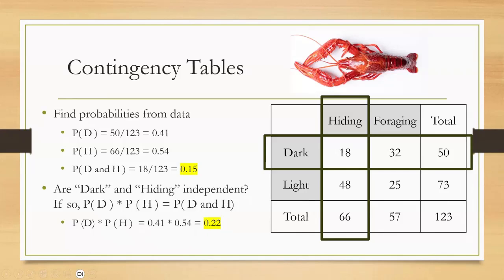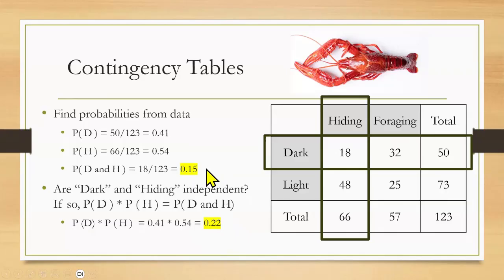I've highlighted these values. If they were independent, then 0.22 is what we should find. But what we did find of measured individuals was 0.15. Now 0.15 is pretty different from 0.22.